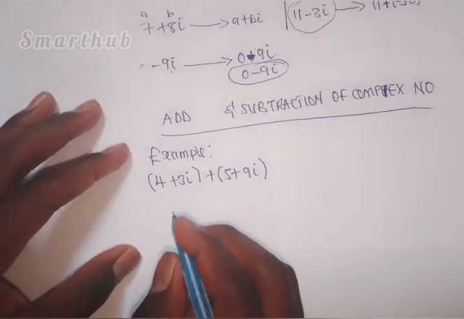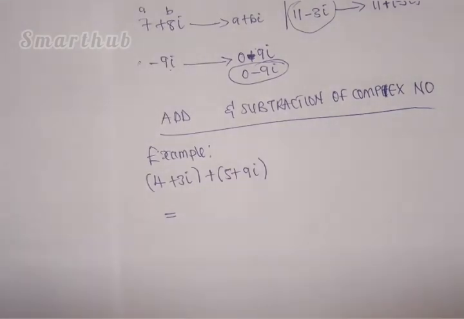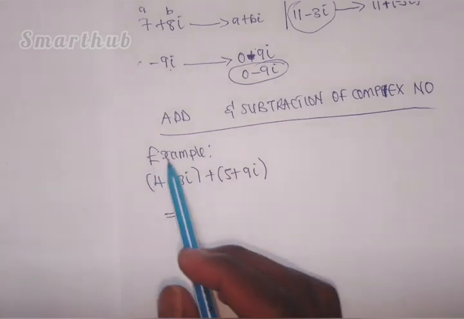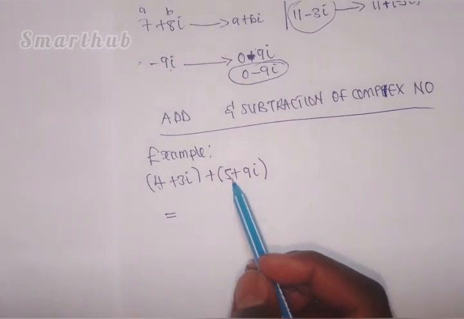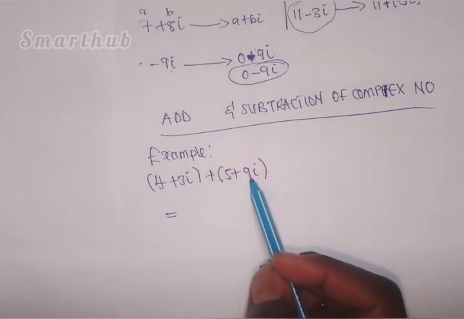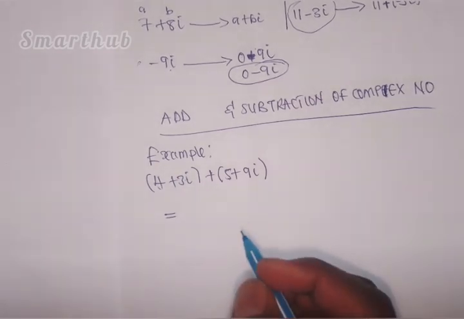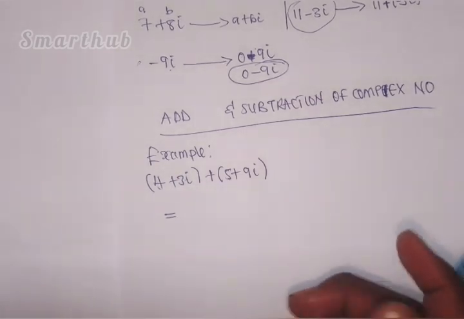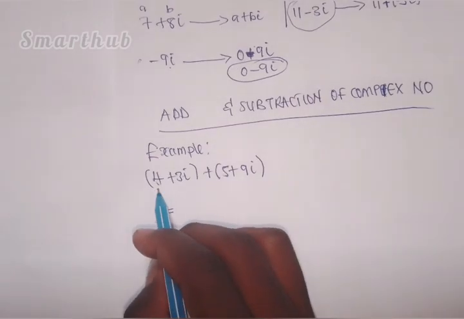So what we do is we add the a's. Remember, this is our a, this is our b. Even here, this is our a, this is our b. So we add the a's alone and the b's alone. So we have 4 as our a and 5 as our a.